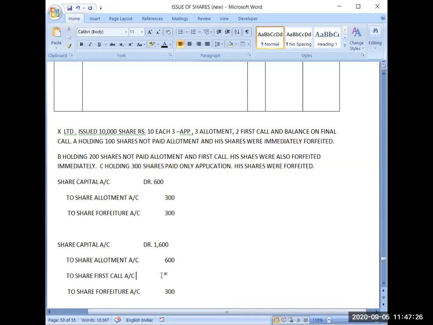First call he has not paid, it will become 900. 200 shares multiplied by 3 plus 3 is 6, plus 2 is 8, 1600. Then allotment he has not paid, rupees 3 per share, that will become 400.